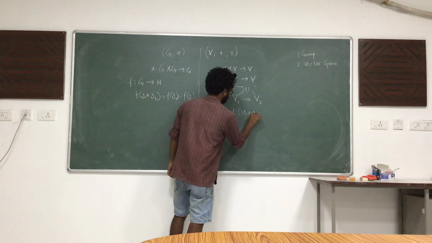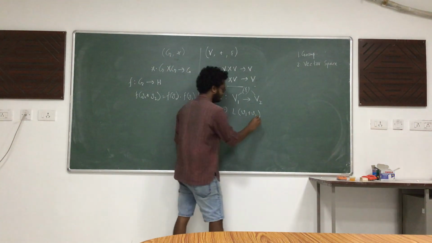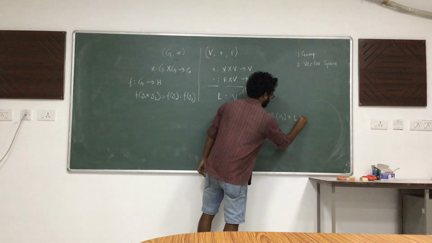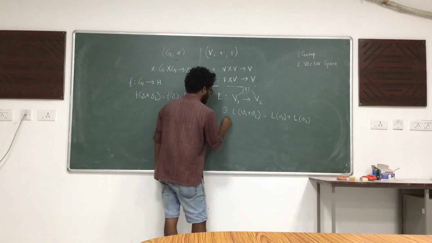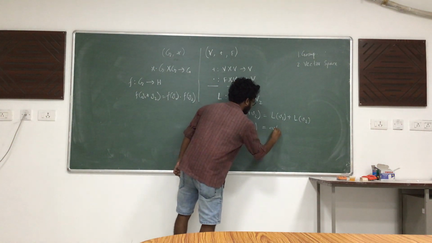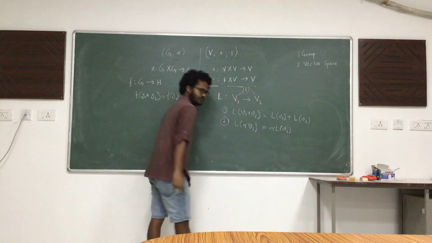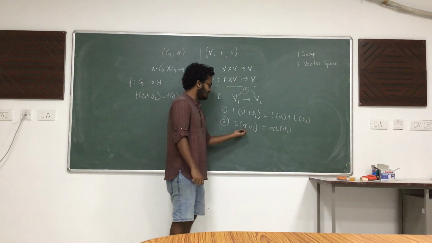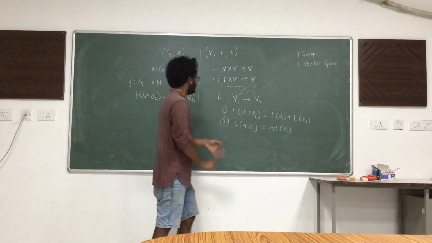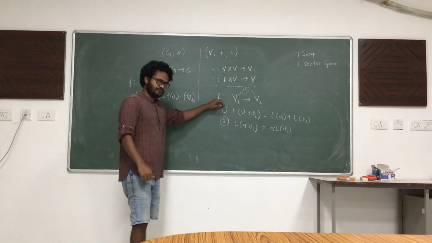First, L of v1 plus v2 is equal to L of v1 plus L of v2, and second, L of alpha times v1 is equal to alpha times L of v1, where v1 is a vector and alpha is a field element, or the scalar, as we say. Then it will be called a linear transformation.